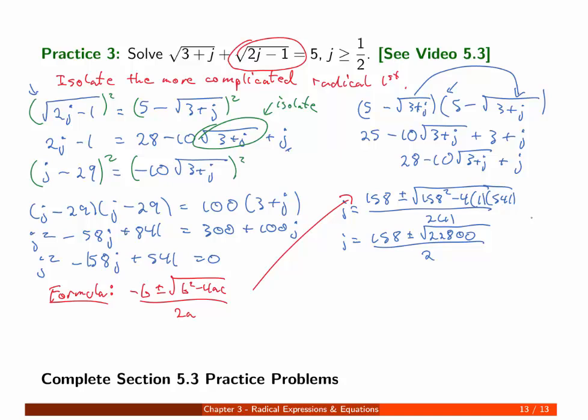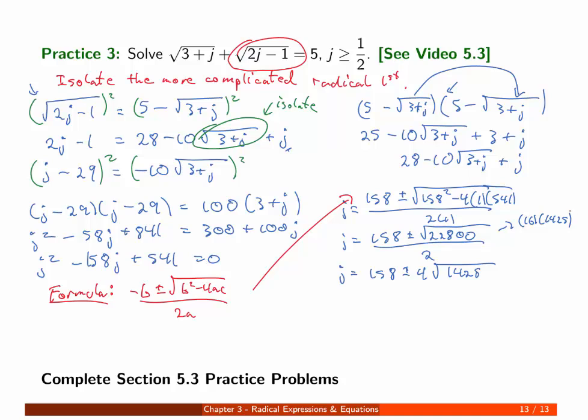Wow, it's quite a bit. Square root of 22,800. Well, from here you can take out a 16 for sure. So from here you can get 4 times this, because this is 16 times 1,425.